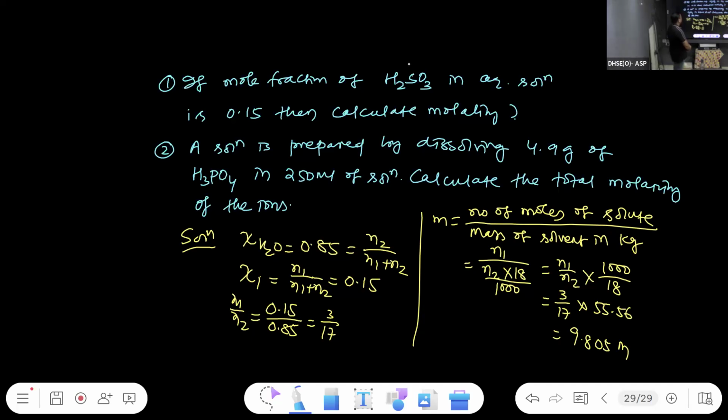Next is a solution prepared by dissolving 4.9 gram of H3PO4 in 250 milliliter of solution. So here molarity is asked. So molarity is number of moles of H3PO4, that is 4.9 divided by molar mass 98, and its volume is given as 250 milliliter.